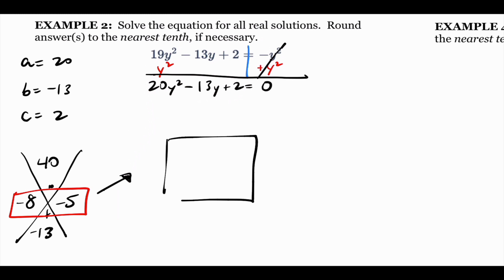So we're going to use the steps we've been using from last week. I have 20y squared, positive 2, negative 8y, negative 5y. Okay, so I get y times y.